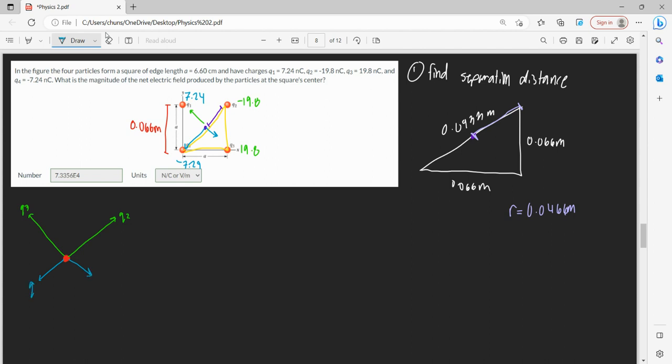There we go. That's a little better. So this is attractive to Q4, repulsive from Q1. So on the top, we have 2 vectors of the same magnitude, but pointing in different directions, so that when we break it out into our x and y components, we know that our x components are going to cancel.